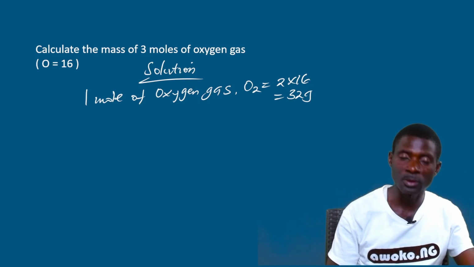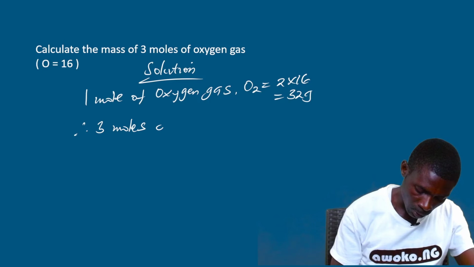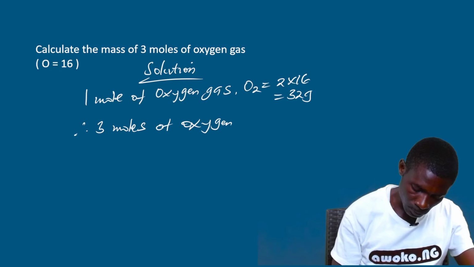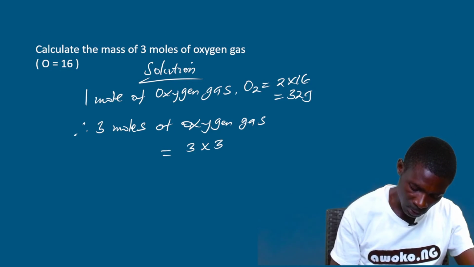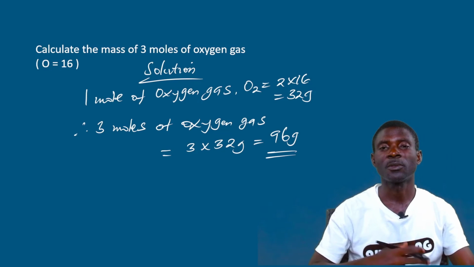So if 1 mole is equal to 32 grams, therefore 3 moles of oxygen gas is equal to 3 times 32 grams. This will give us 96 grams. So this is the mass of 3 moles of oxygen gas.